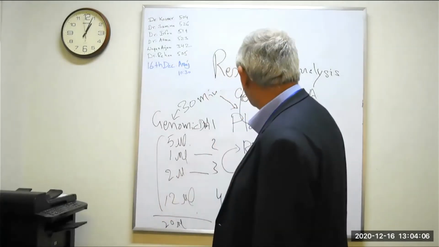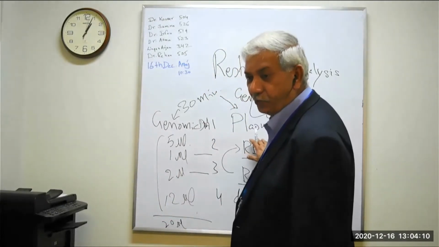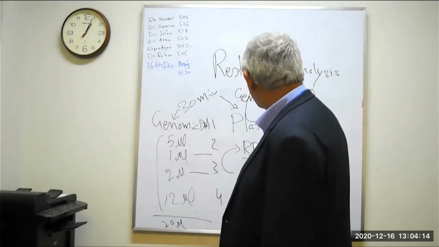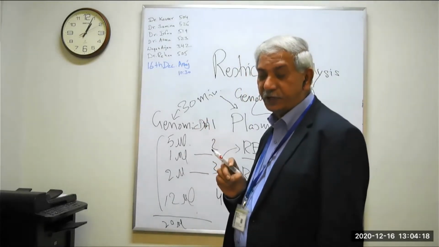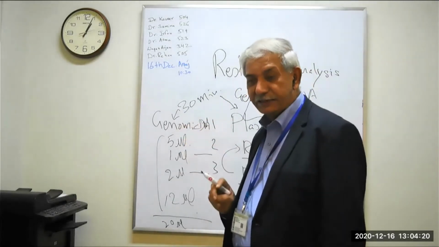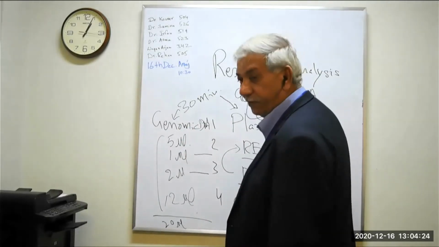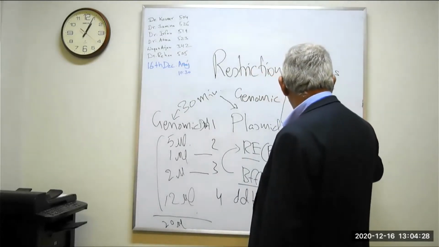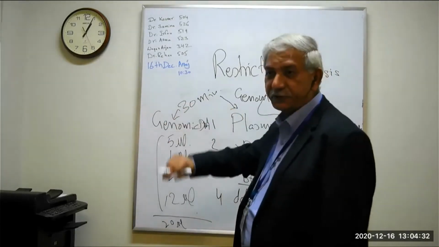I'm quite sure that the plasmid DNA can be digested very well in 15 minutes because 1 unit of restriction enzyme digests 1 microgram of DNA in 1 hour at 37 degrees centigrade. So we are not taking 1 microgram of DNA. In our case, the DNA is around 0.25 microgram. So it will be cut in 30 minutes very quickly.